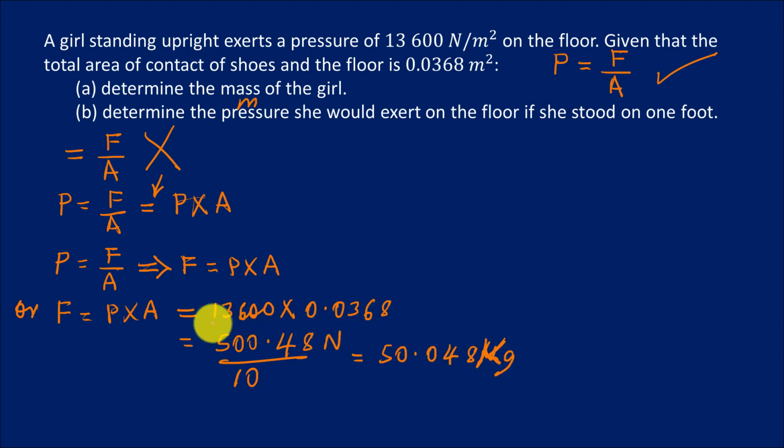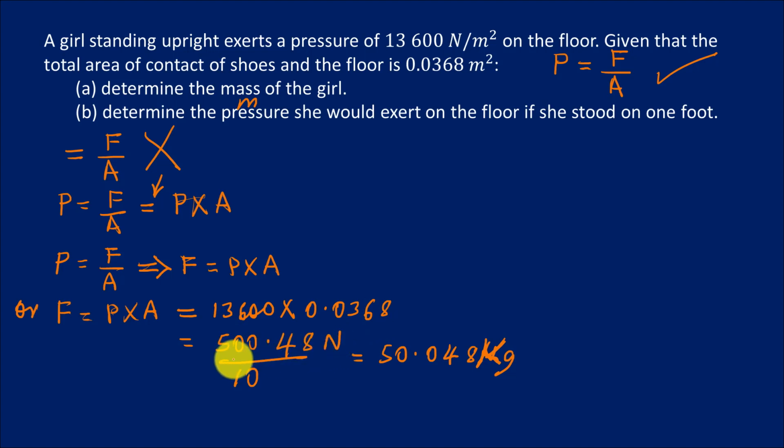But when you look at the way that you have used to arrive at this, it's again wrong. Because let's go back. You're working out the force, which is pressure times area, which is equal to this much, which is equal to 500.48 newtons.